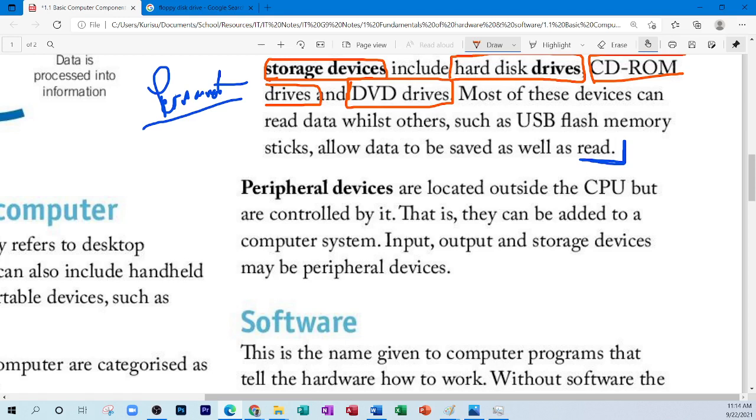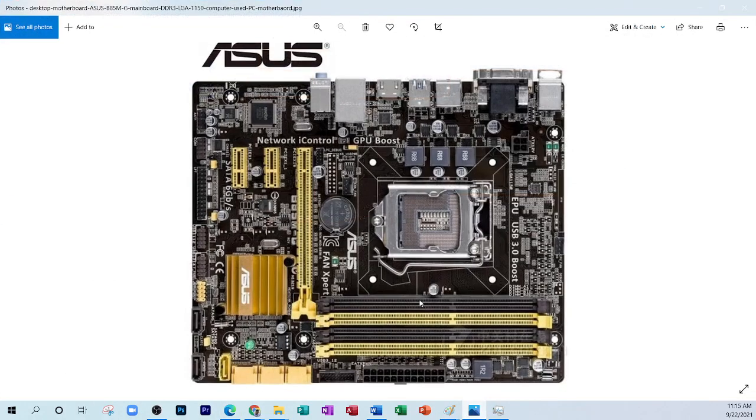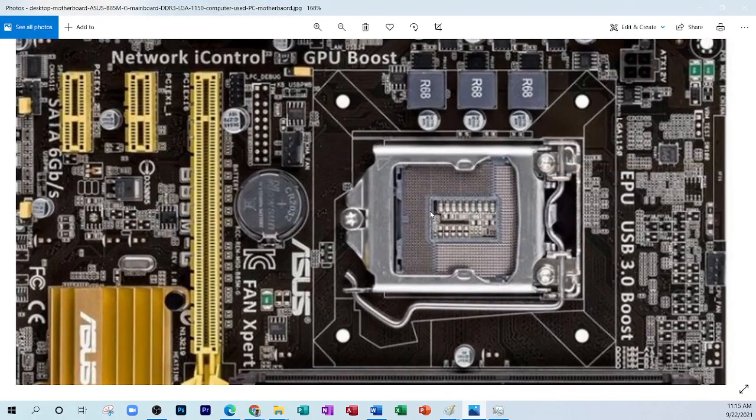Yes, so let's continue. So we're looking at peripheral devices. What is a peripheral device? Well, the definition here states that it is located outside of the CPU, but it is controlled by it. So, so far, we already determined that this is the CPU.